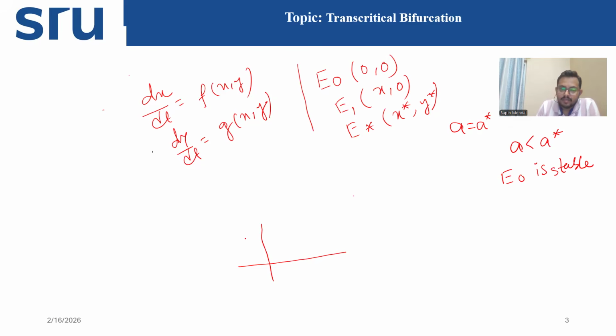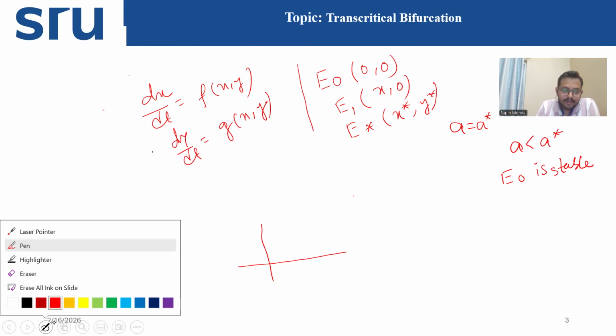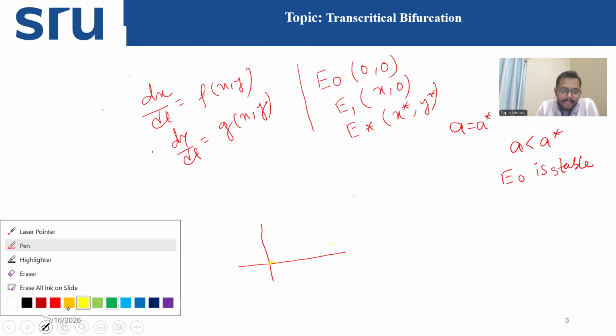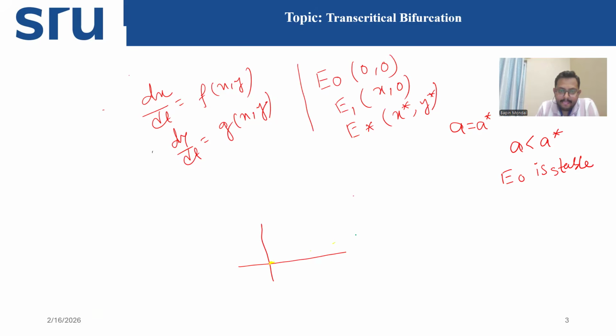If we plot this, this is our a star, and this is the parameter a.